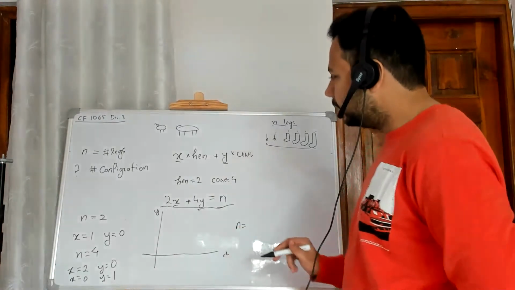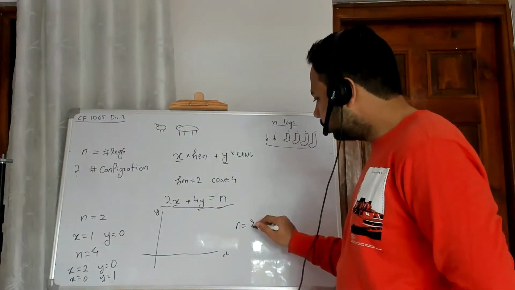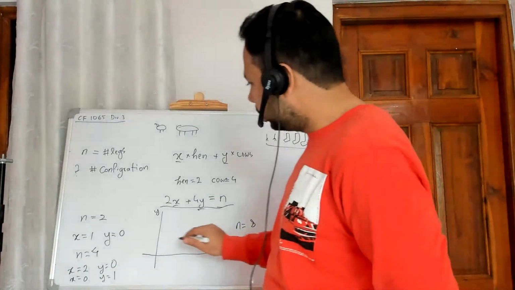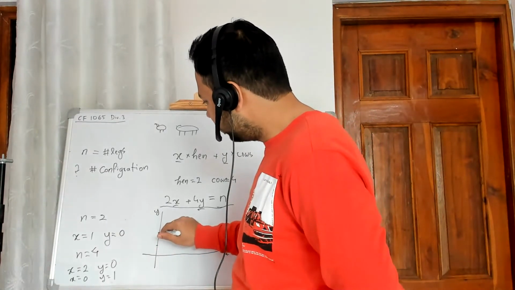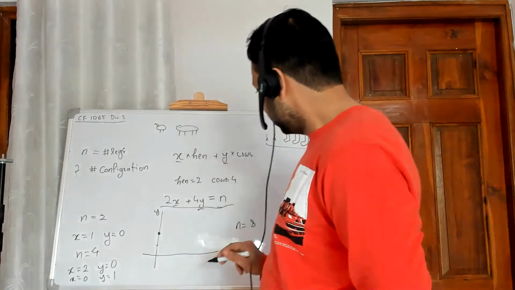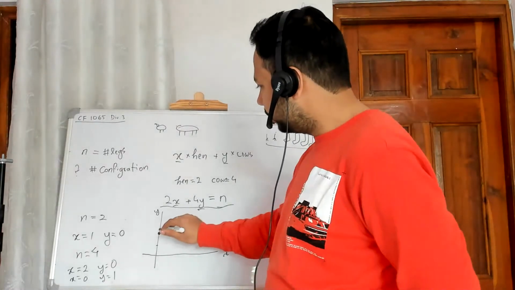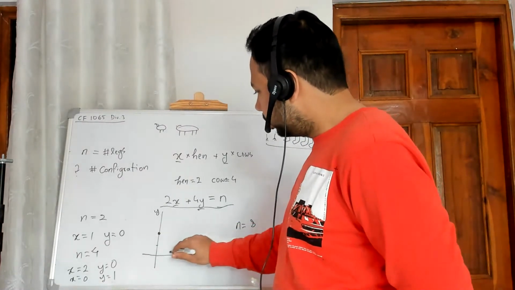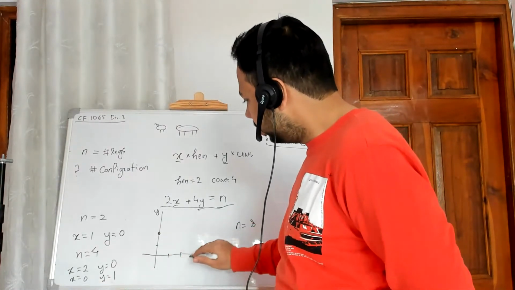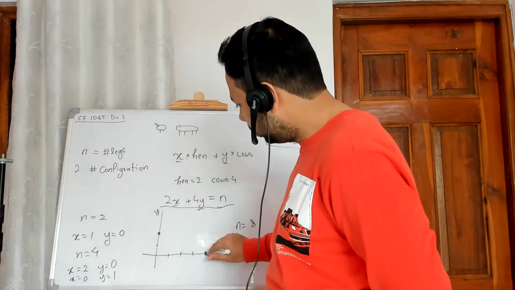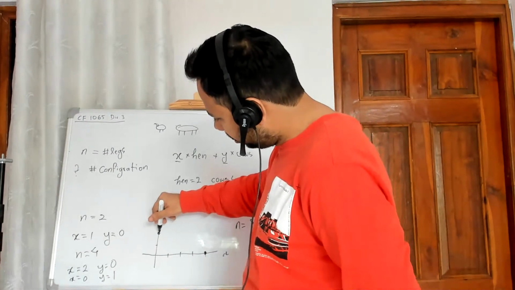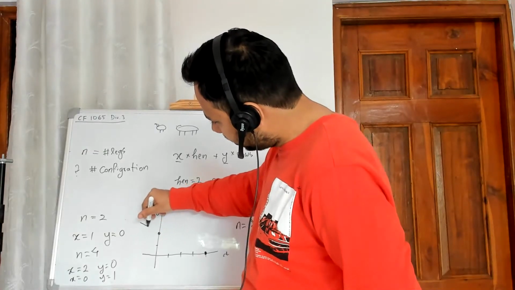Let's say n is equal to 8. Then when x is 0, y has to be 2. This will be the y intercept. If y is 0, x has to be 4. So this is the x intercept. Now you draw a line like this.